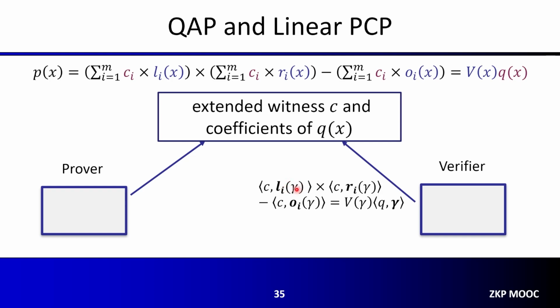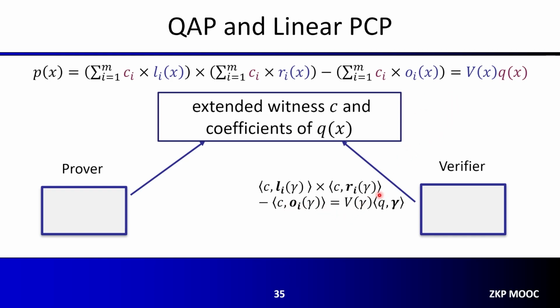Here I'm abusing the notation informally, using this bold letter to denote the vector for all i, like L_1(gamma), L_2(gamma), and so forth. So the value in the first parenthesis is simply the inner product between c and L_i(gamma). Similarly, the second component is the inner product between c and the second query from the verifier. And then we have the inner product between c and the third query from the verifier.